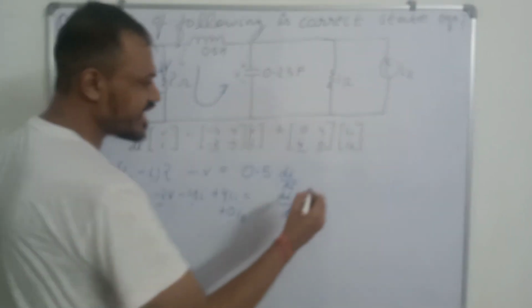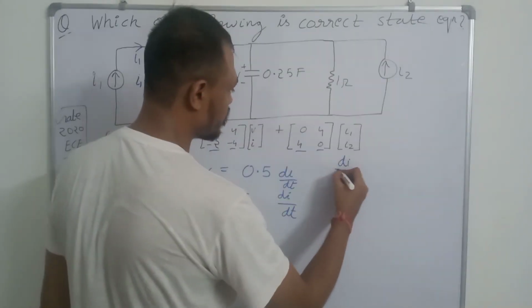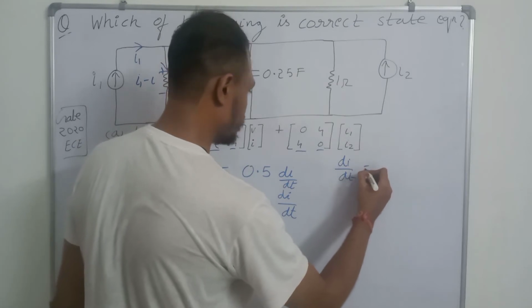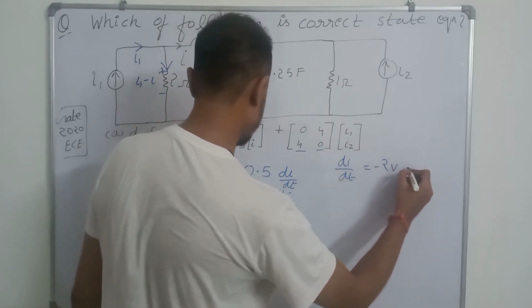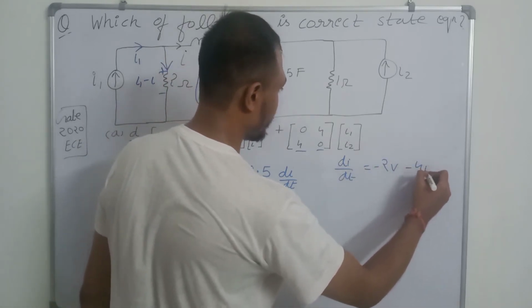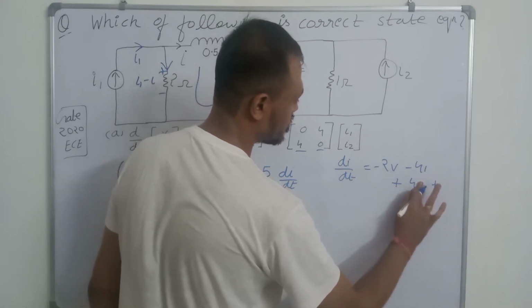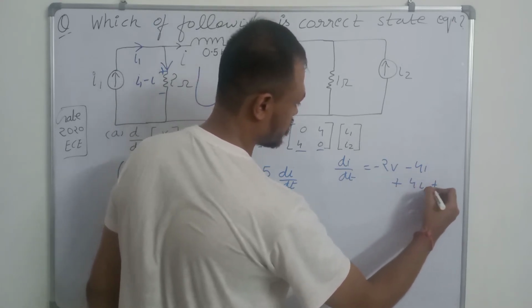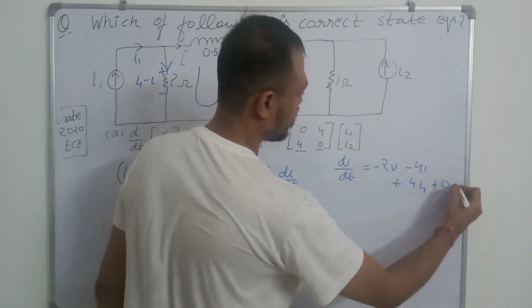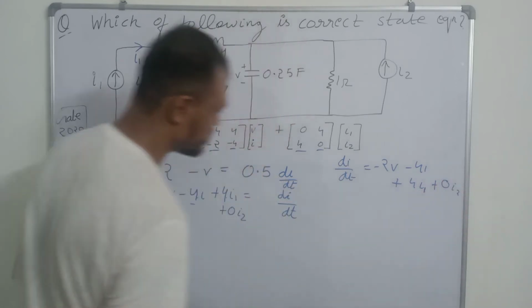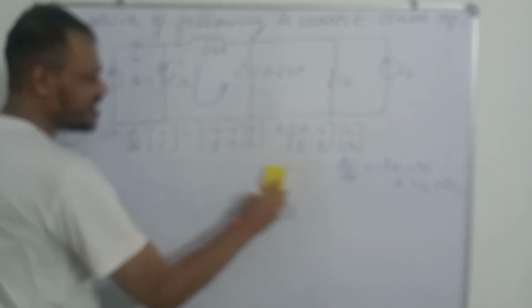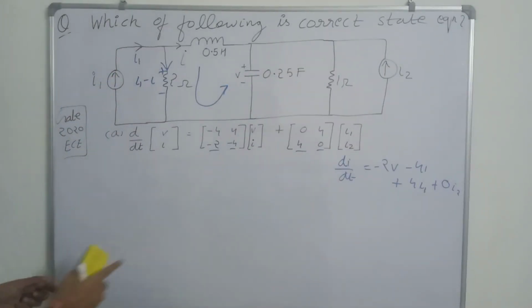So di by dt is equal to minus 2V minus 4I plus 4I1 plus 0 I2. Now we have to find dV by dt.